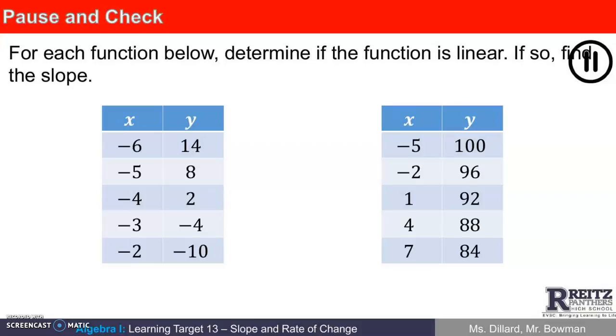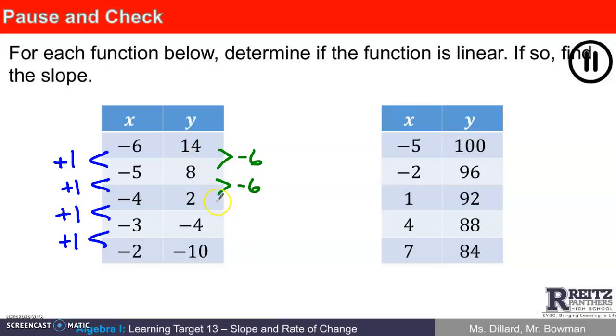Okay, let's check it out. For the first function here, it seems to me like a pattern to get from each row of the x's to the next is plus 1. So I think my delta x is going to be plus 1. Is there a rule to get from the row to the next row in the y's? I think it's negative 6.